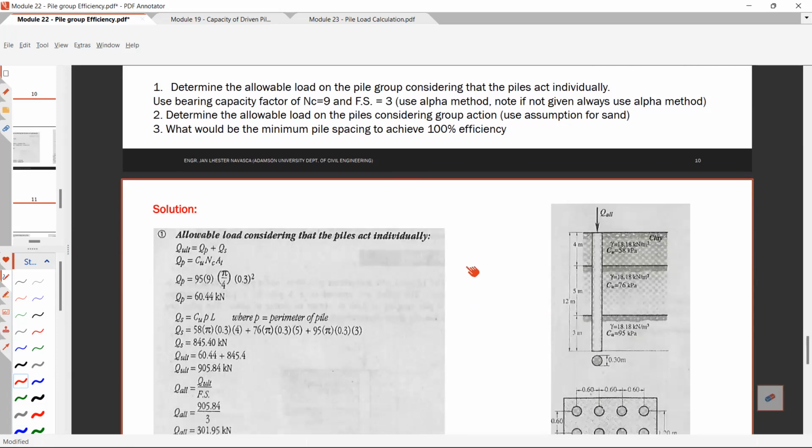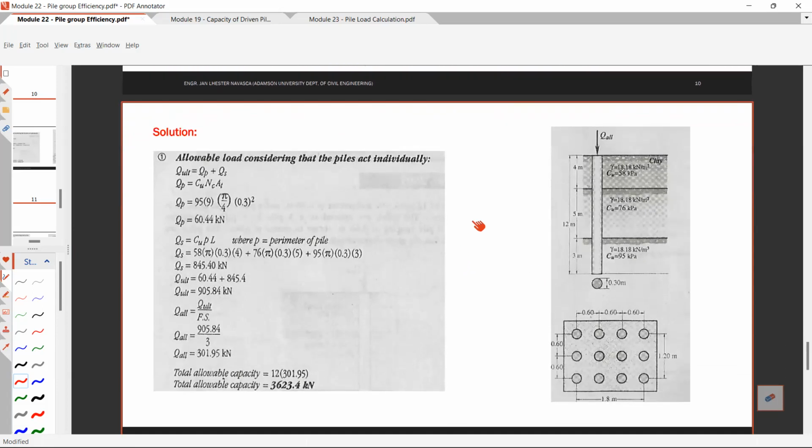If you recall the formula for piles in clay, you have your C Nc A tip and you have your C alpha P L, which is the cohesion, alpha, length, and perimeter of the pile.